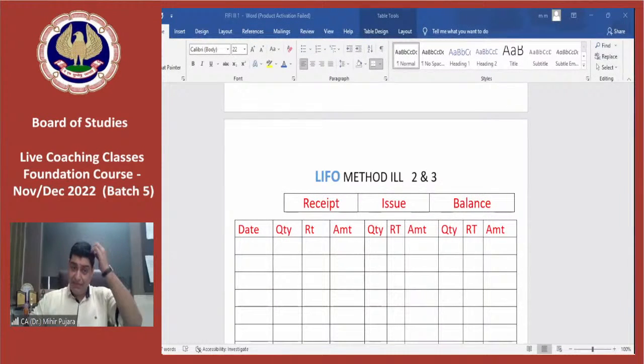So please prepare the same table, but now as per the LIFO.